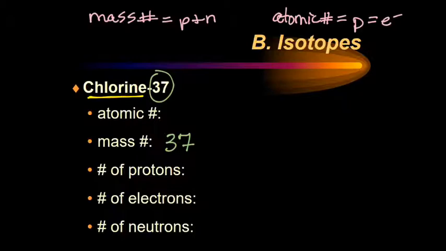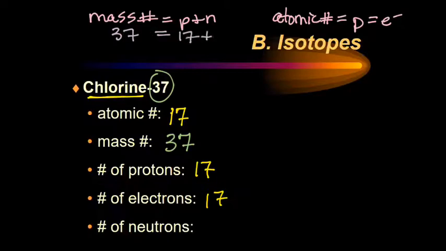That's Cl. And its atomic number is 17. Please verify on your periodic table. Atomic number 17. That also means the number of protons is 17 and the number of electrons is 17. To find the number of neutrons, we are going to do a tiny calculation. Our mass is 37. Our number of protons is 17. We calculate neutrons by subtracting 37 minus 17, and we get 20.